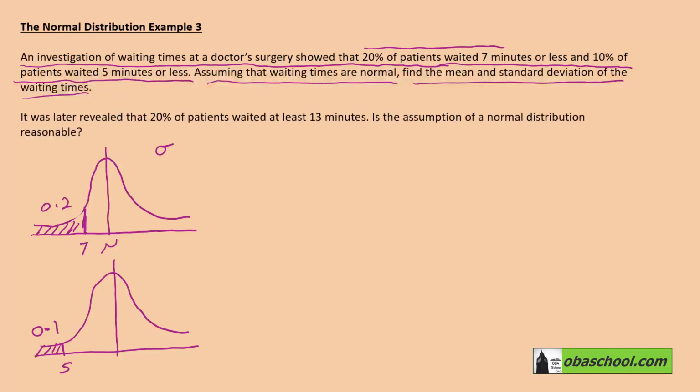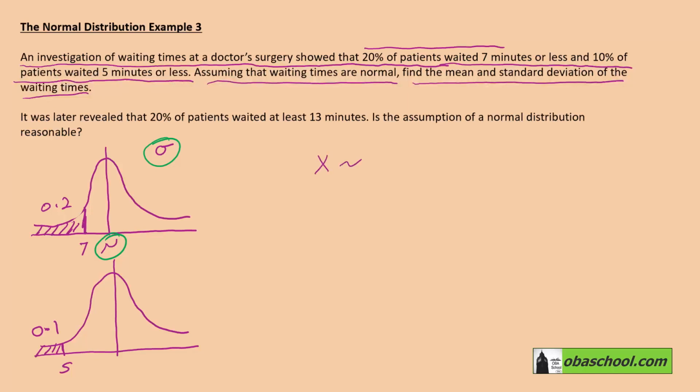Now we can find the mu and the sigma using these pieces of information and simultaneous equations. But the easiest way to do this is to make use of the standard normal. So I need to explain how before we can move ahead to do that.